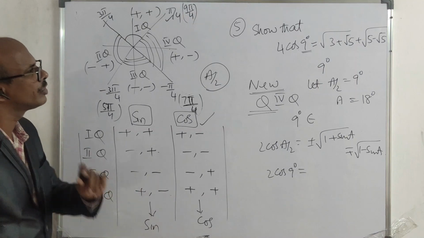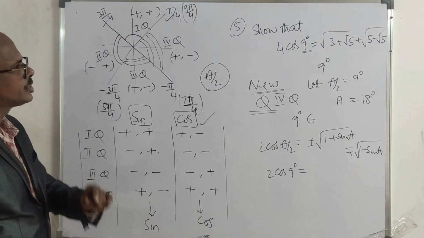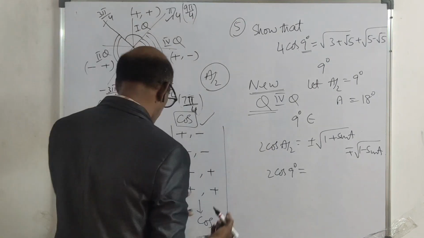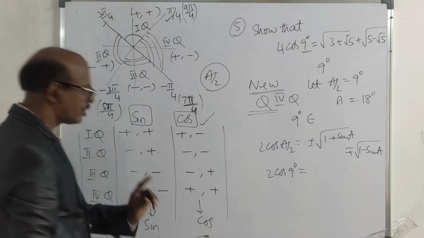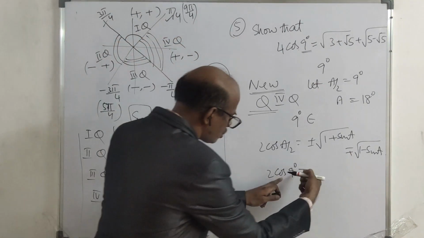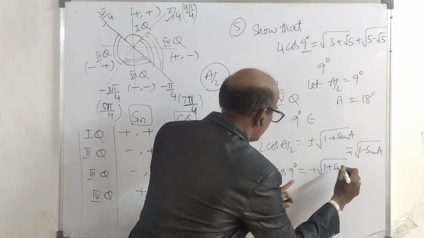In the fourth quadrant, my dear students, if you observe, both are positive. No second thought. In the fourth quadrant, cos problem, so be cautious, don't confuse. So it will be plus.